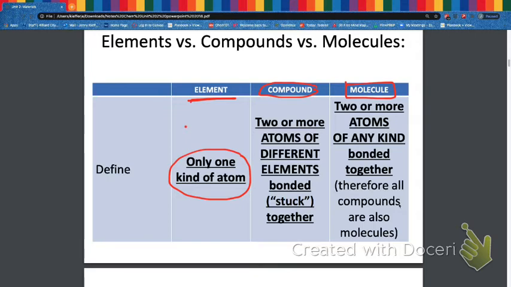If I wanted to represent an element, I could draw a dot, or I could draw two of the same dot stuck together. If I wanted to model a compound, I would have to draw two dots that were stuck together that were different from each other.